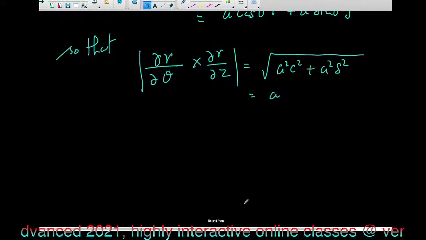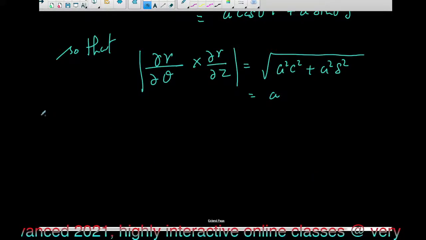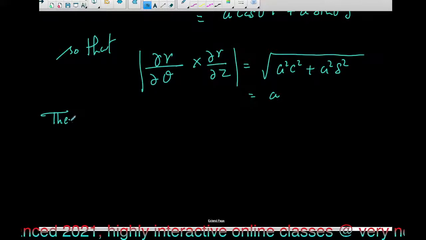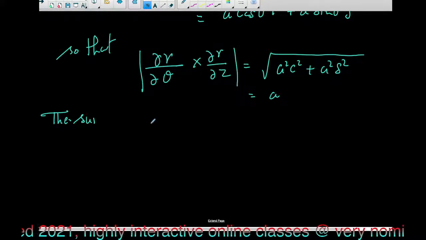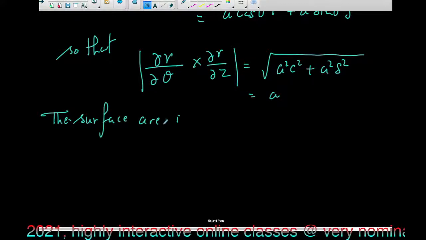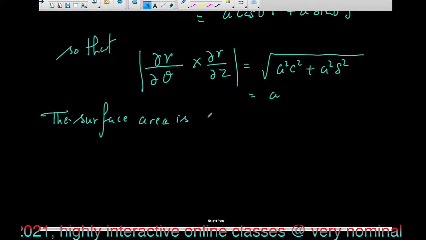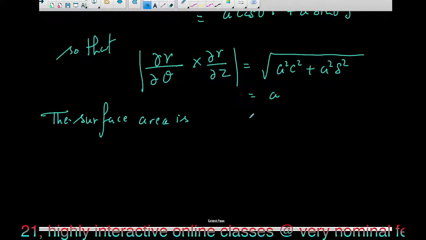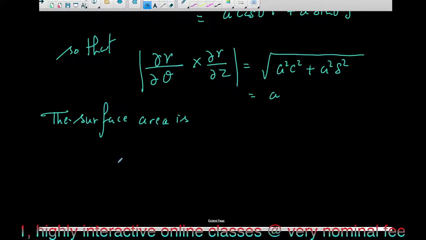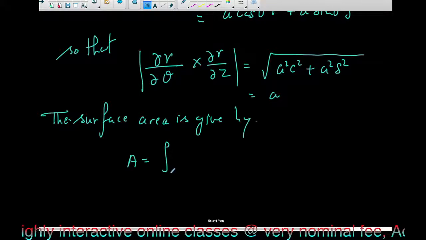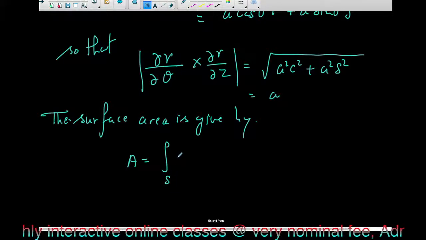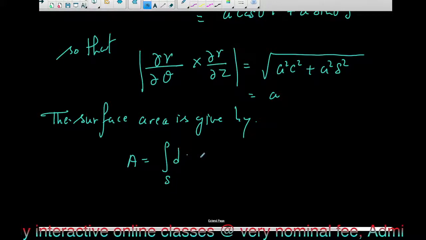And what was the surface area? You know the surface area is given by A equal to the integral of s, that is ds, right?